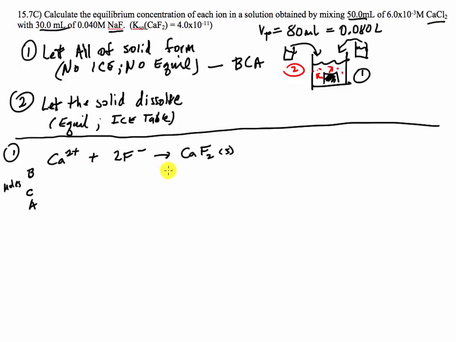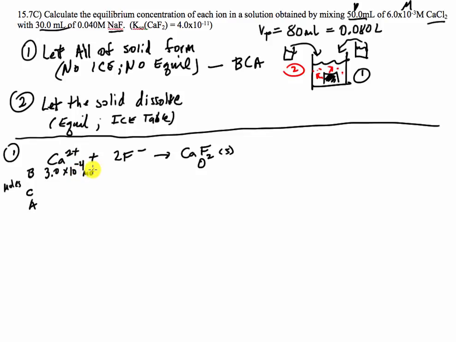So I'm going to plug my moles into this equation. This is 0. I'm not going to show you, you should know how to do this. I'm just going to multiply the volume times the molarity. If you need to, go back and watch the videos on how to get the number of moles from a solution. After I do that, I get 3.0 times 10 to the minus 4 moles of calcium.